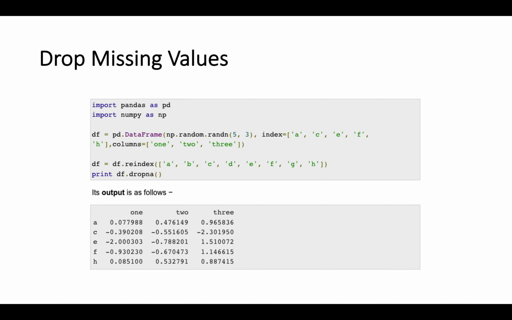And drop missing values. If you want to remove the missing values, then use the drop function, the dropna function along with axis equal 0. For example, along the row, if any value in a row is NA, then the whole row is dropped.